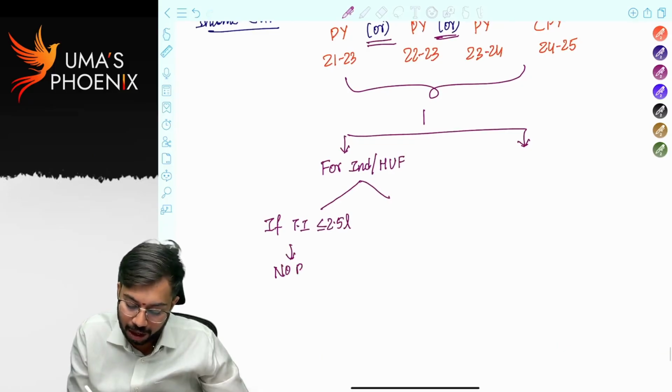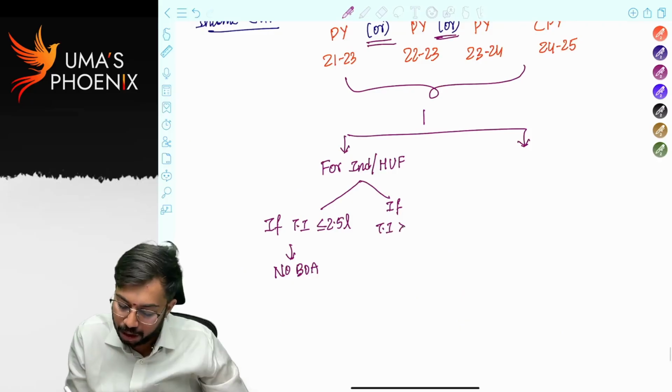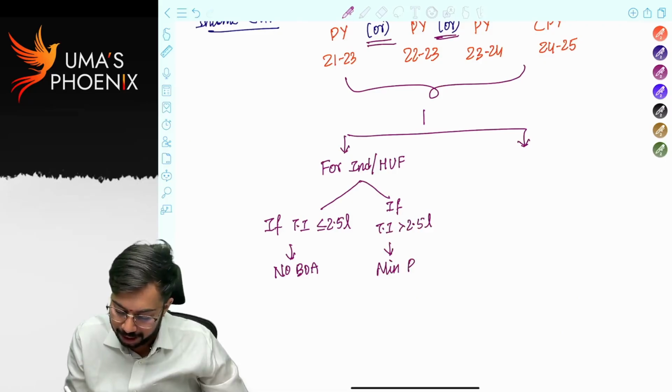Books of accounts are not required to be maintained. If total income is greater than 2.5 lakhs, then minimum books of accounts are required to be maintained.